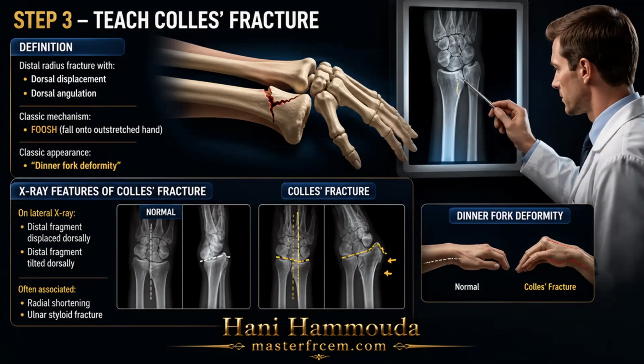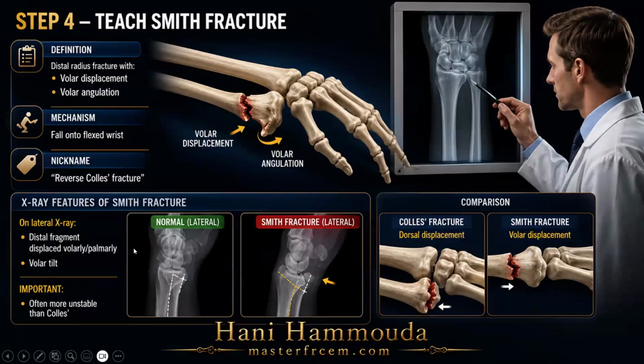Then the Smith fracture is usually seen when the patient falls on a flexed wrist, and we can define it as volar displacement or volar angulation of the fracture. So this is called Smith fracture.